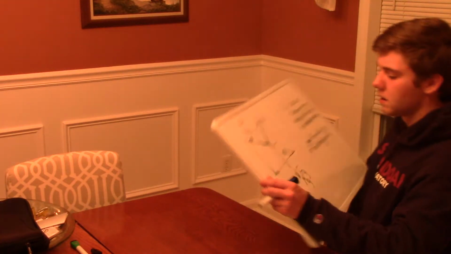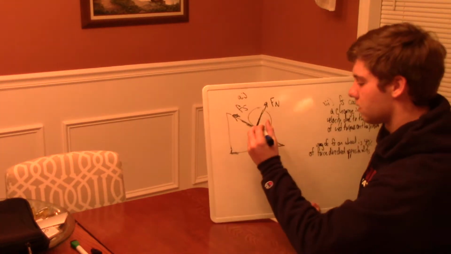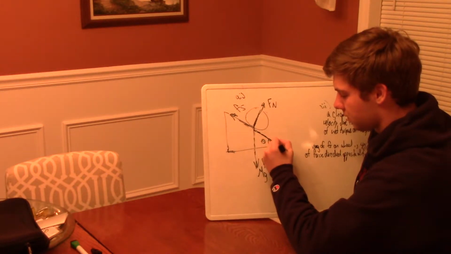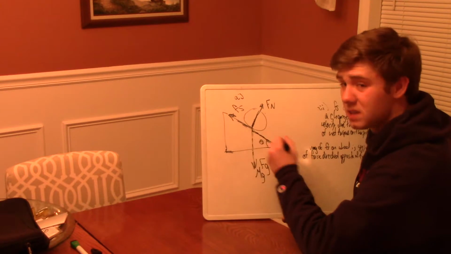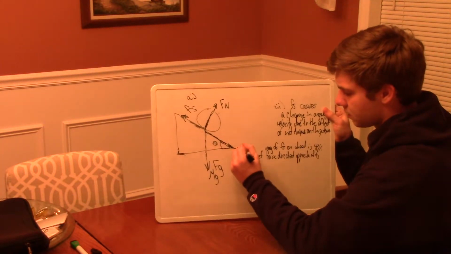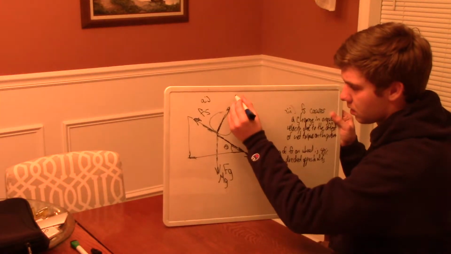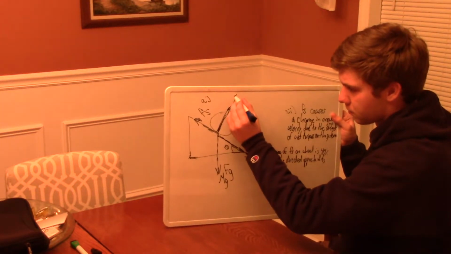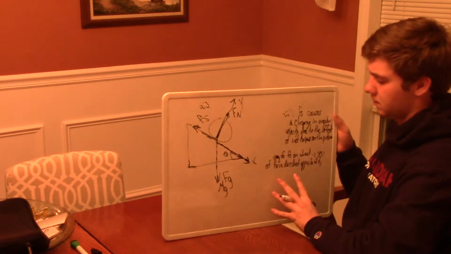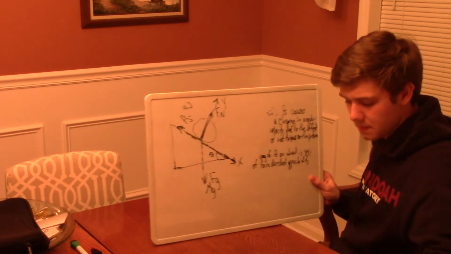Alright, so for that, now we are going to start with labeling our system here. Down the ramp, we're going to have x in the positive direction, and up, with our normal force, we are going to have y in the positive direction.